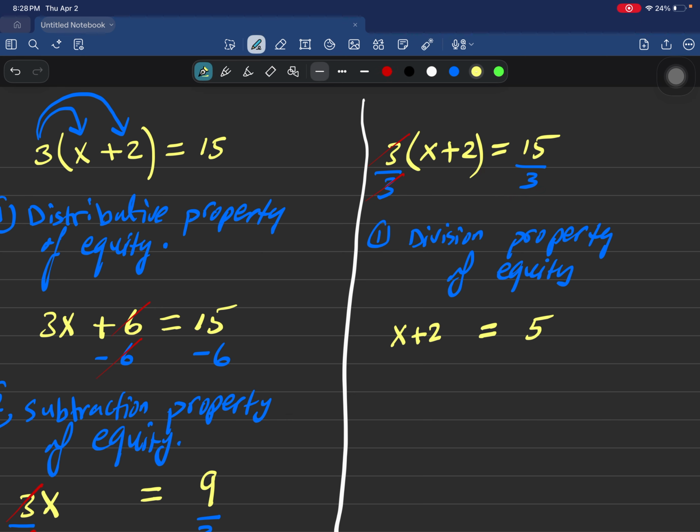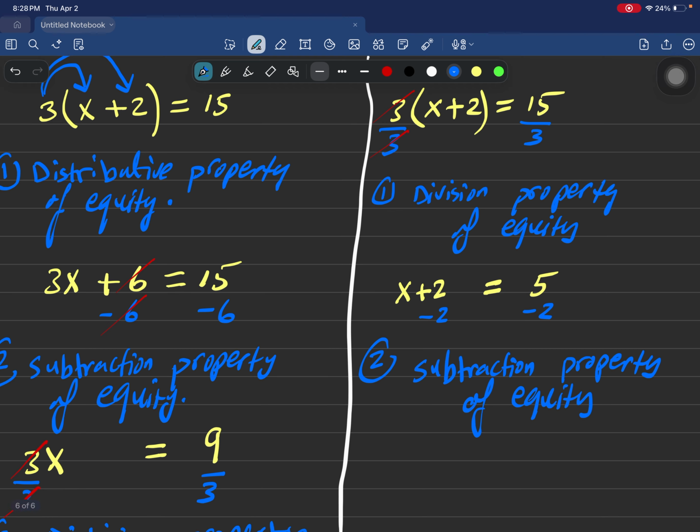Now the second step, we take 2 from this side and we take 2 from this side, and this property we call in math the subtraction property of equity. Now, as we see, we can cancel 2 with 2. 2 minus 2 equals 0. So we end up with the x.